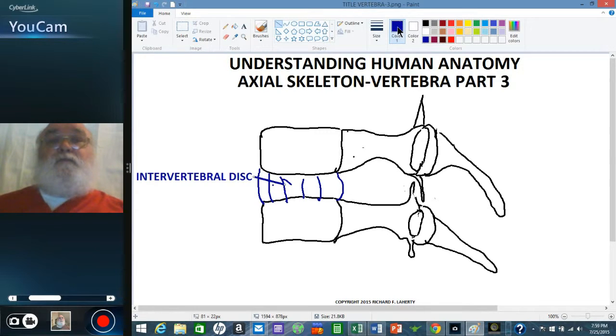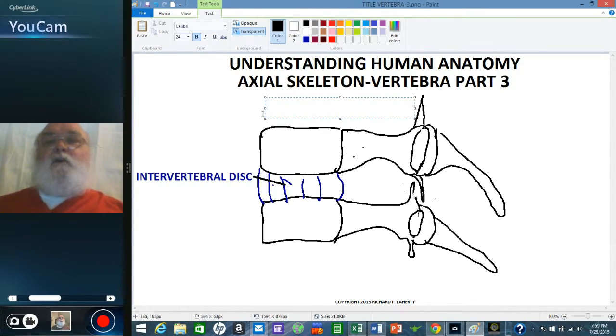Also, notice that there is a hole, and in anatomy we call holes foramen or foramina, is the plural. We have a hole between the two vertebrae.